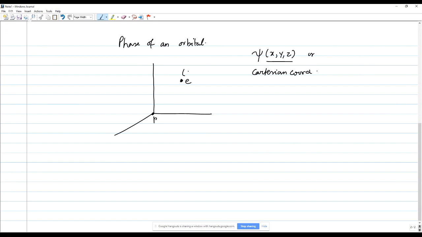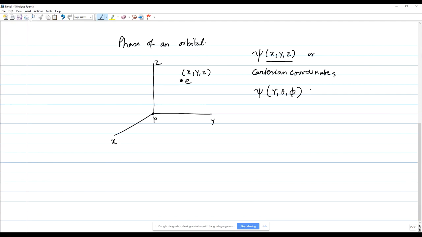Then its position is in terms of the reference axis system, XYZ. This is an approximate model in the sense that the nucleus doesn't move. This is known as the Born-Oppenheimer approximation. But assuming that we have it, the Cartesian coordinate representation, or we have also the radial coordinate representation, r, theta and phi, for the wave function. Okay.